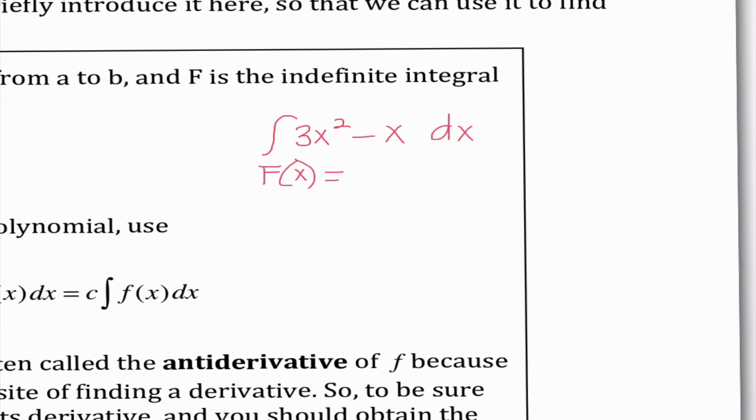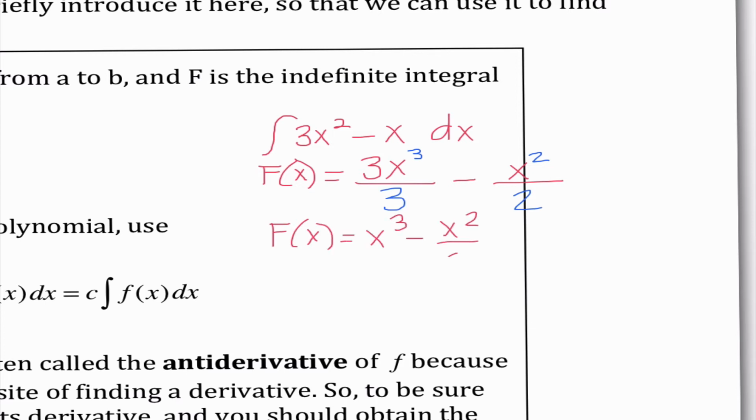So that means the integral of f of x is going to be 3x, and I'm going to bump that exponent up 1, so instead of 2, it's 3, divided by our new exponent, which is 3, minus x, I'm going to bump it up 1 to squared, divided by my new exponent, which is 2. So I get F of x equals x cubed minus x squared over 2.